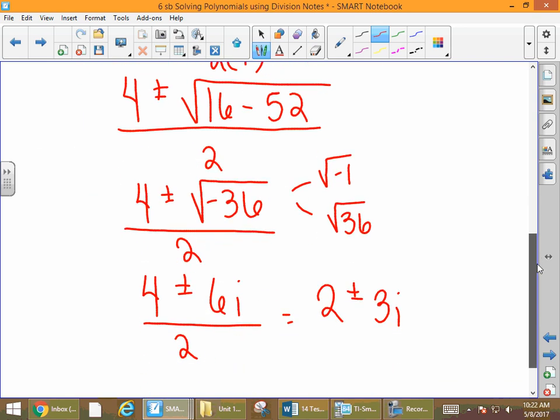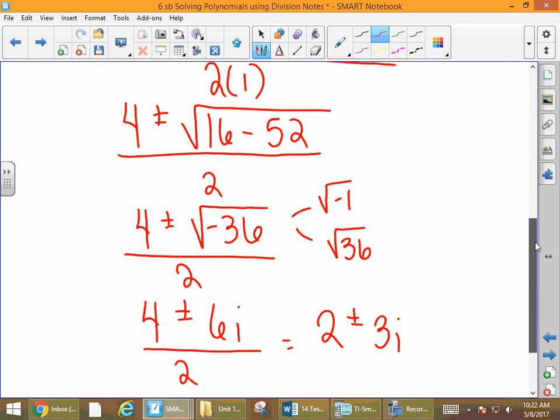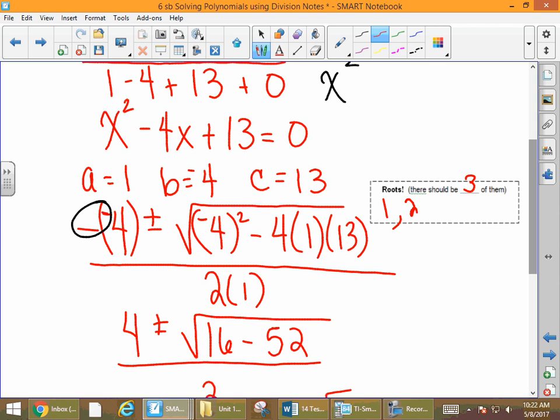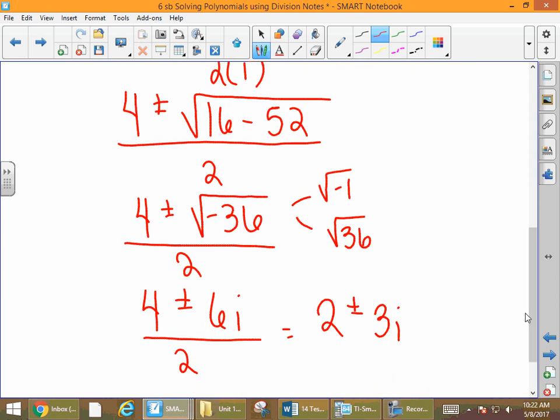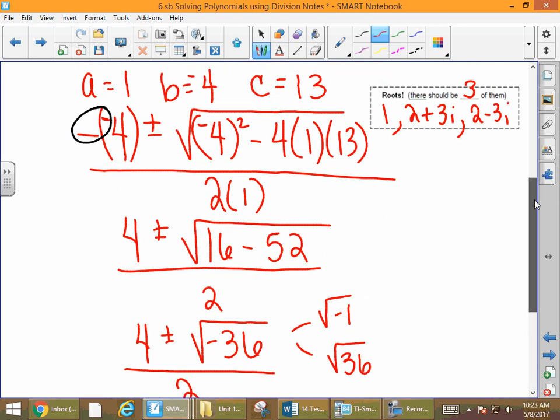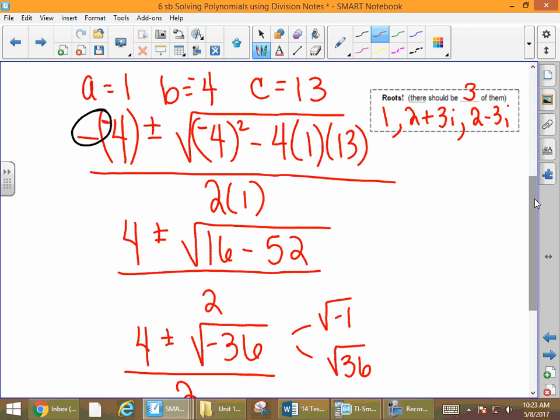And then we came up with 2 plus or minus 3i, which is 2 plus 3i and 2 minus 3i. And there's our 3 roots. There they are. If you prefer to write 2 plus or minus 3i, that's fine with me. No issue with that.